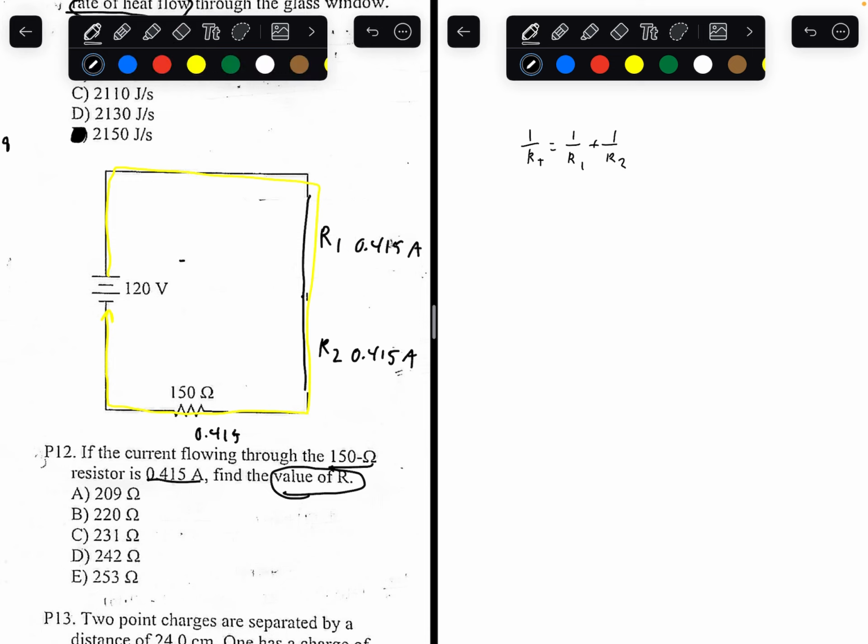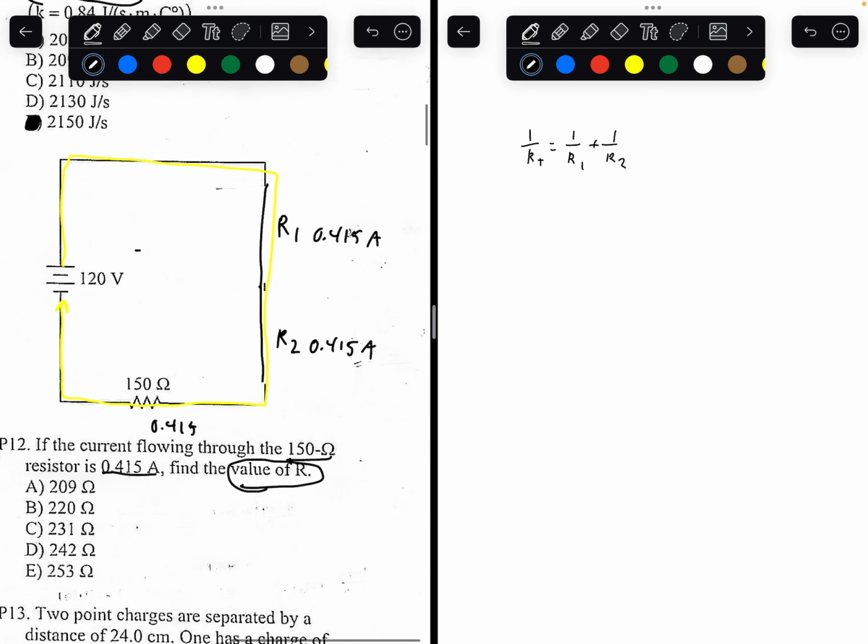With that in mind, what is R1? What is this value first? If I redraw this circuit right here, where I see the parallel circuit, I know that 0.415 amps goes through the combined amount. So what's the combined amount? Using the parallel resistance formula, you would get 1 over RT, which is the combined amount, equals 1 over 60 plus 1 over 90.